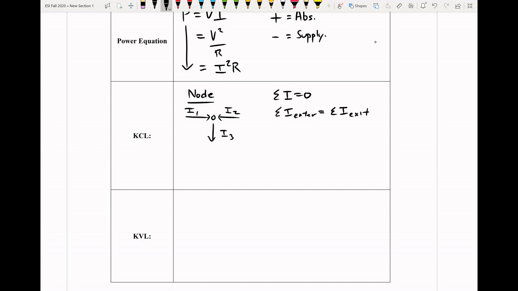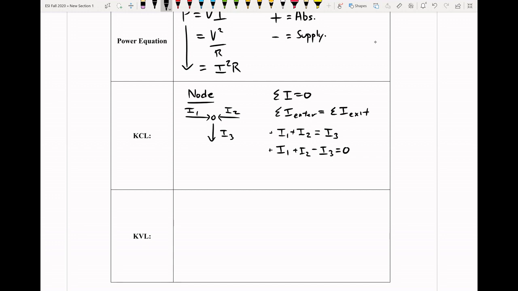Okay. So we can write one of two things. We can either write I1 plus I2 is equal to I3, or we can write plus I1 plus I2 minus I3 is equal to 0.